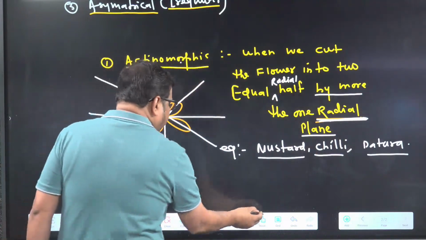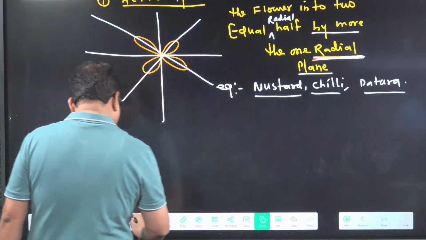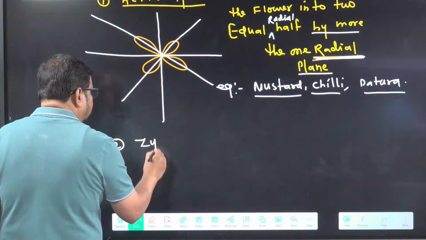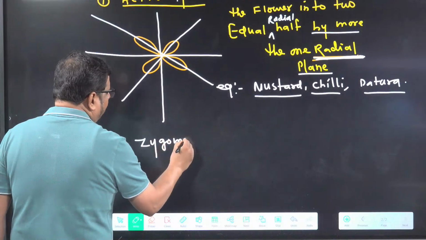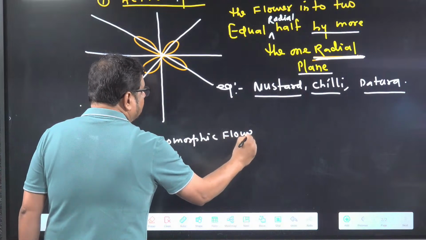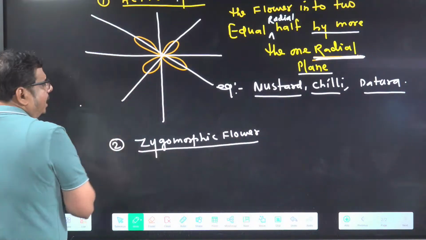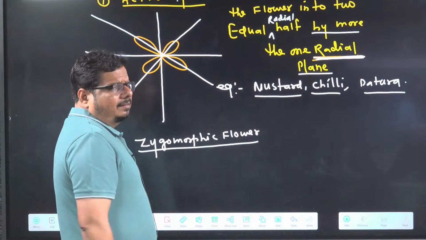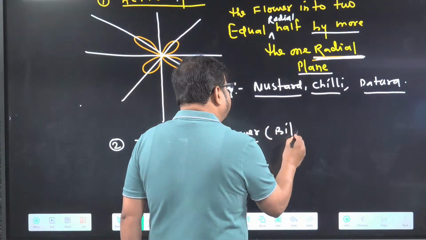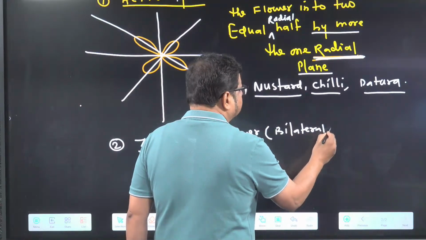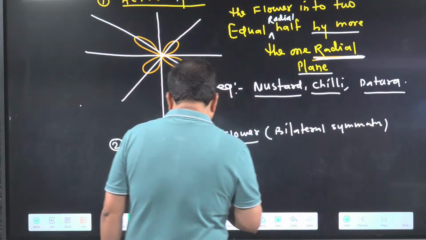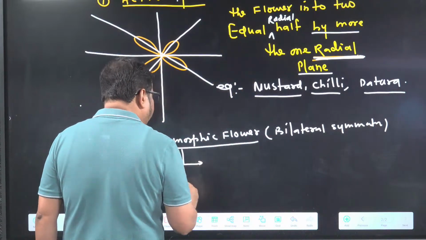Now I am going to talk about which one? Zygomorphic flower. If we talk about zygomorphic flower, in zoology the similar term is which one? Bilateral symmetry. What happens in the case of a zygomorphic flower?